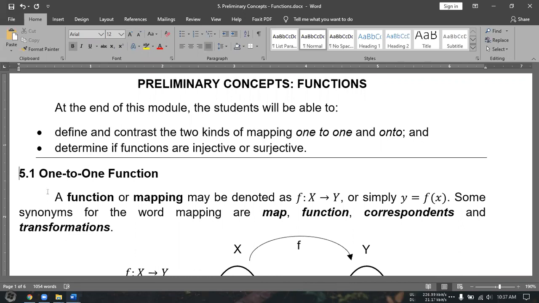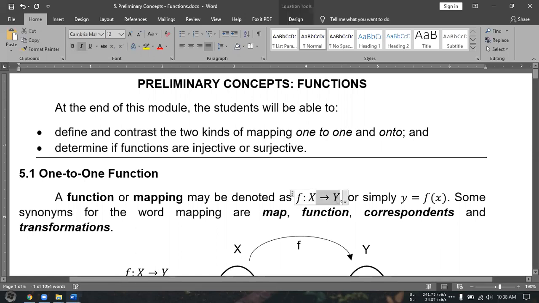A function or mapping may be denoted as x to y, or simply y is equal to f of x, where we can observe that x is our independent variable and y is our dependent variable.